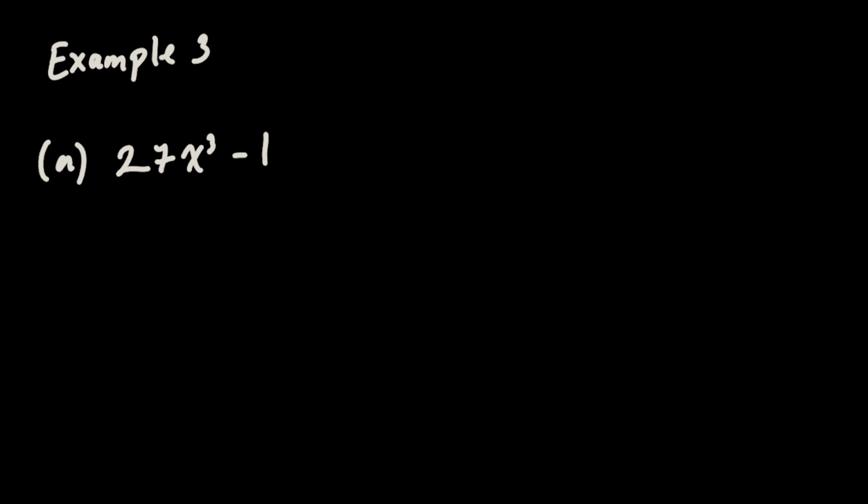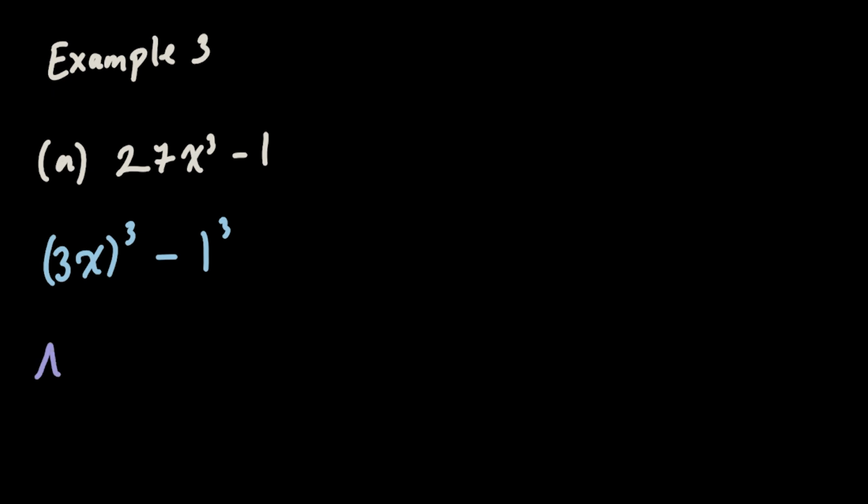Let's see another example. Example number 3 says we have this expression here and we want to factor it. Here we can rewrite it as 3x all to the power 3 minus 1 to the power 3. Just remember this formula. Let me write it again here.